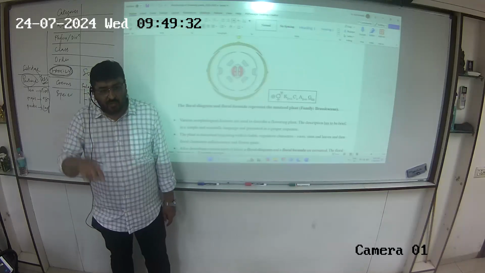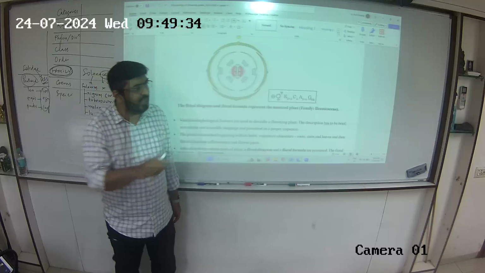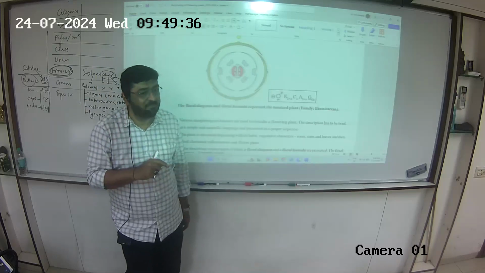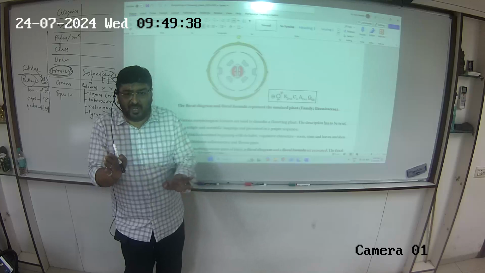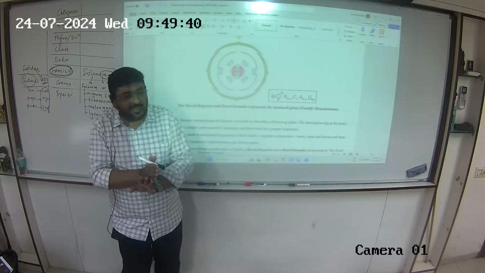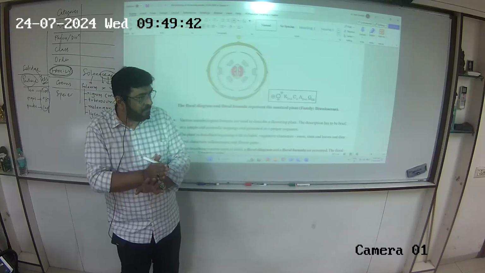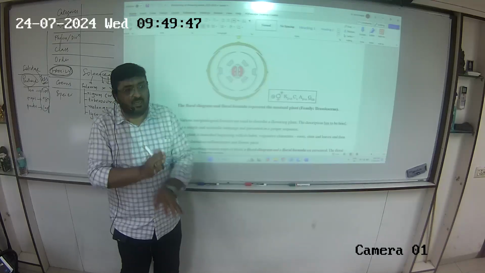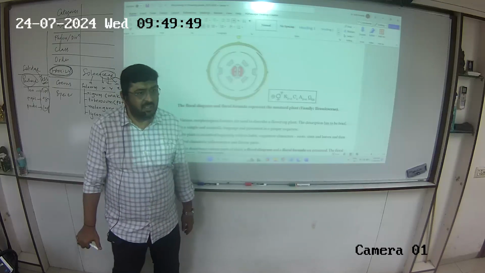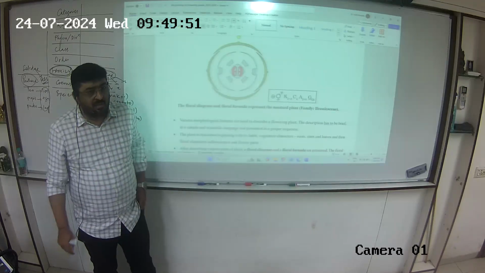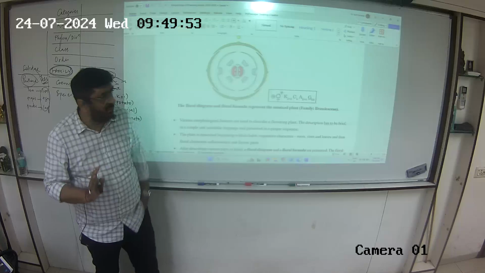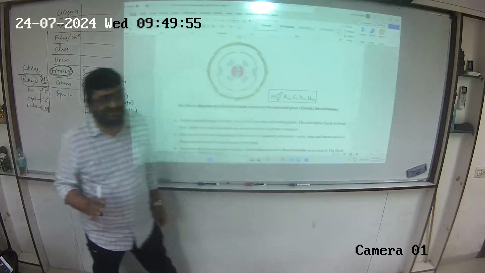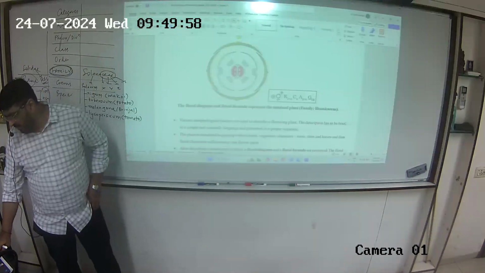The floral formula as well as the floral diagram, both are essential for describing the flower. Because both will complement each other in finishing the entire thing. ठीक है? समझ में आ रहा है? Yes sir. That is not depicted. That can be known by this 2 plus 4. Okay.